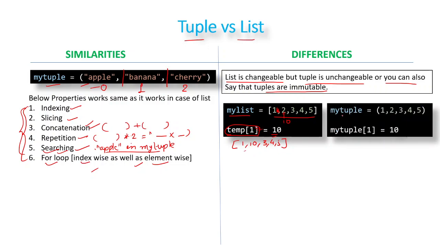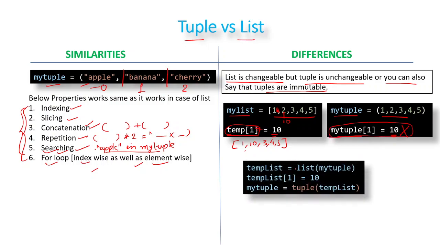But if you initialize the tuple like this and try to do something like my tuple at index 1 equals 10, this will give an error. There is a way around how we can work with tuples. We can convert our tuple to a list by typecasting, then change the value in the list to 10, and then change the list back to a tuple and store it in my tuple.